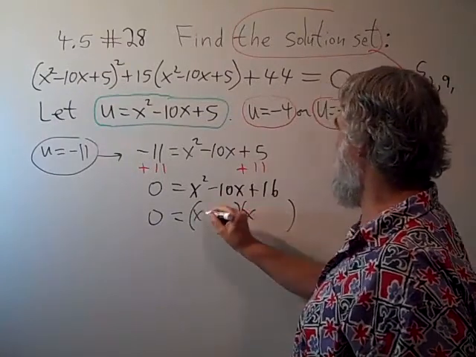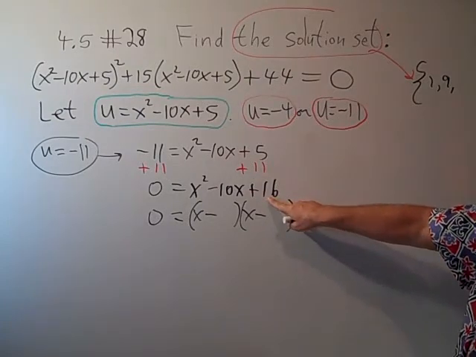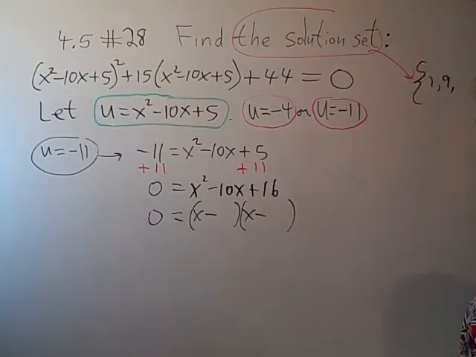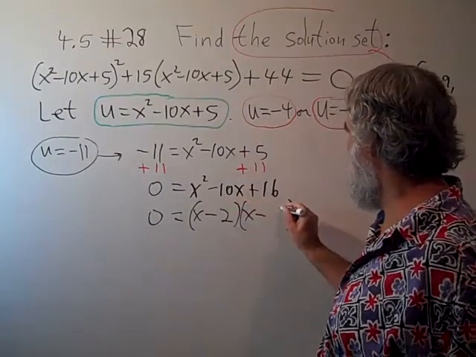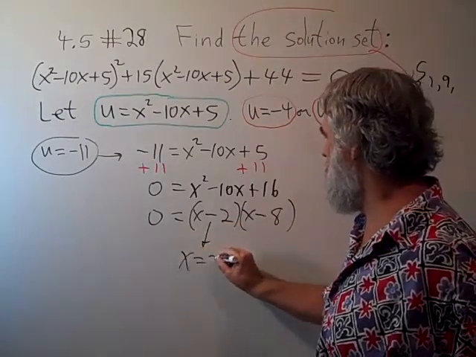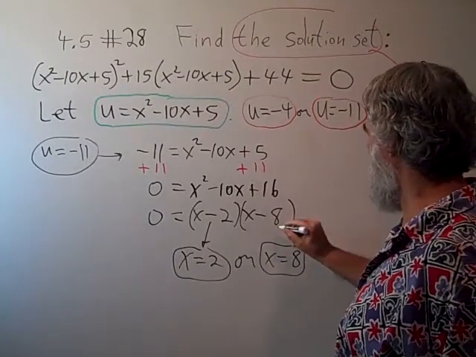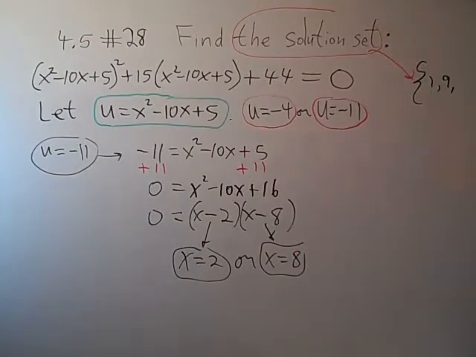An x times an x and a minus times a minus to get a plus on the end. And we need two numbers whose product is 16, but that add up to 10. 8 times 2. 2 times 8. So this gives us two more solutions, x equals 2 or x equals 8. So those are two more solutions, 2 and 8.